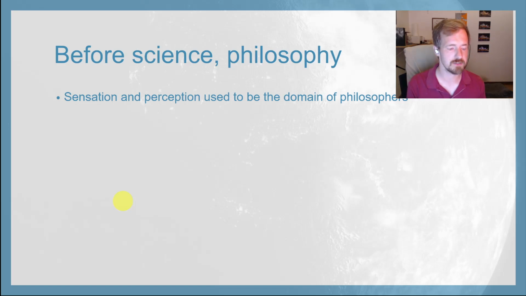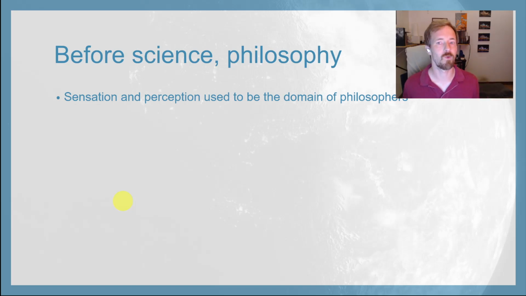And so philosophy started asking questions like, well, what does it mean to live a good life? What does it mean to be a person in the world? What does it mean to experience something? How do I know that what I experience is different, or is it the same as what you experience? And if I see the color green now, would I perceive that as the same green 20 years from now, or would it be faded in some way?